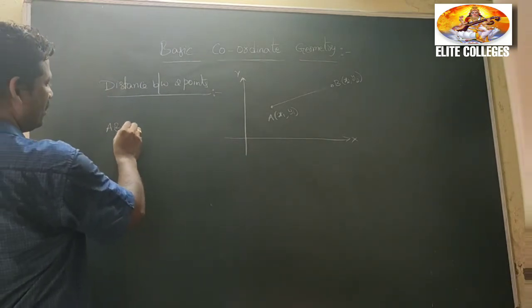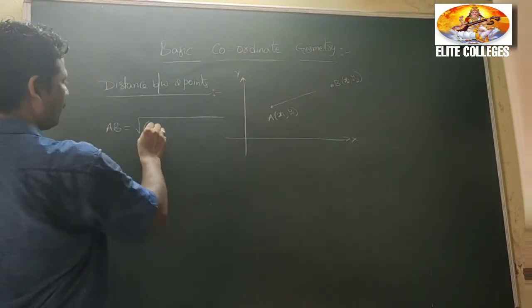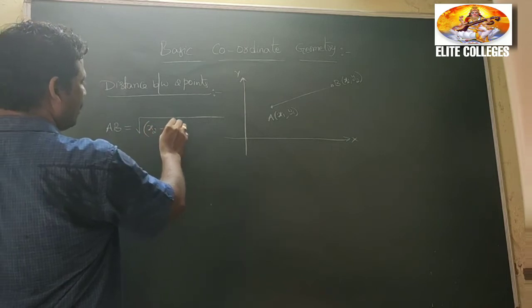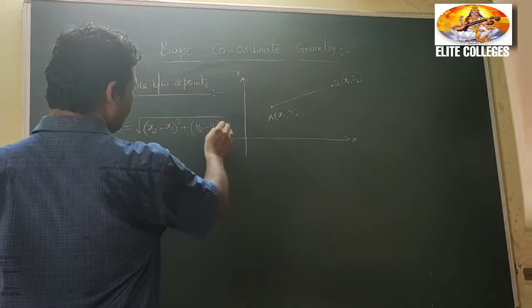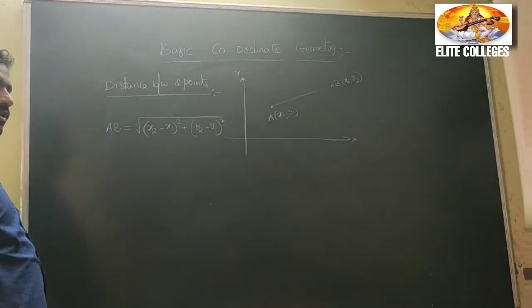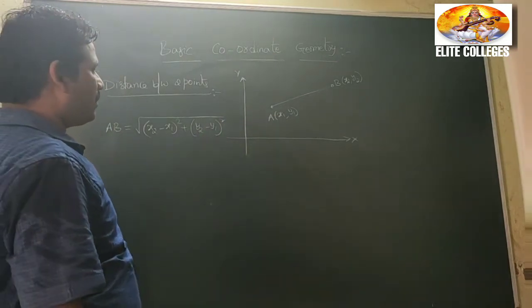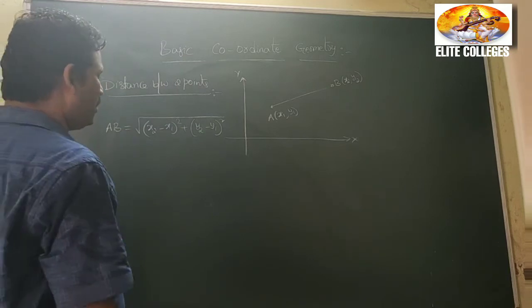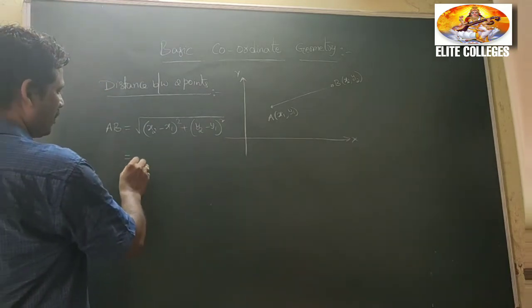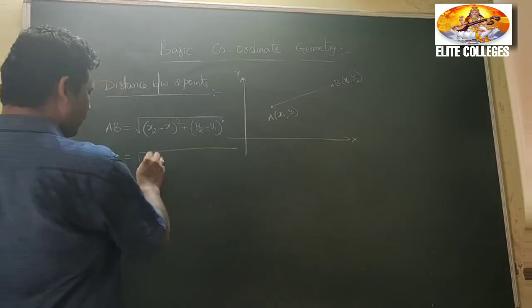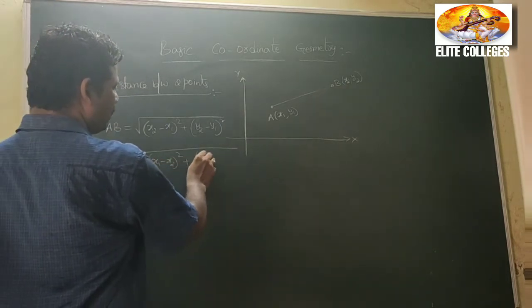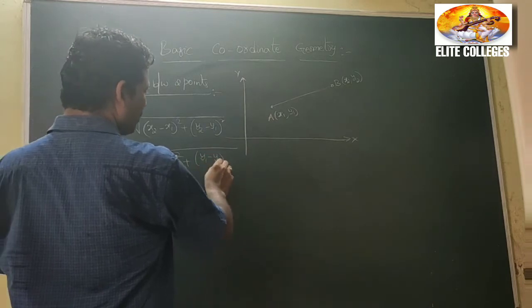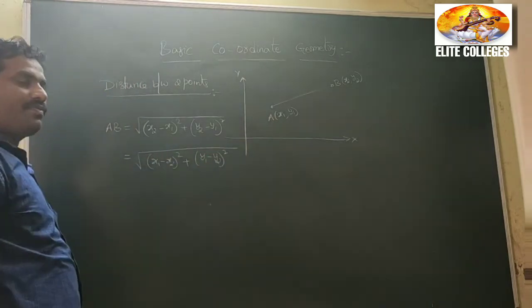AB equals the square root of x2 minus x1 whole square plus y2 minus y1 whole square. That equals, or we can write it as, the square root of x1 minus x2 whole square plus y1 minus y2 whole square. Anyway we can write.